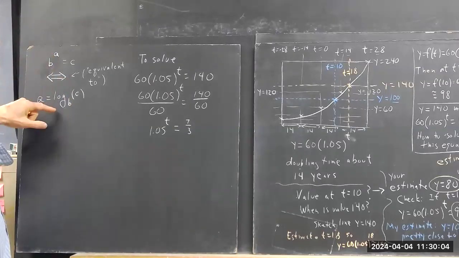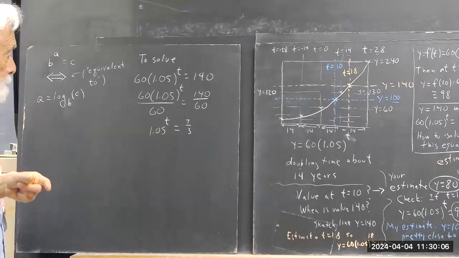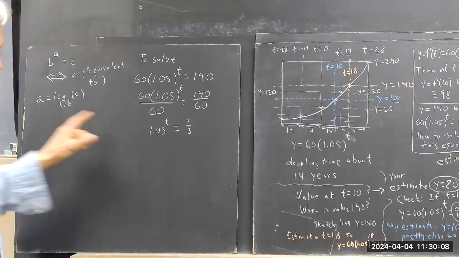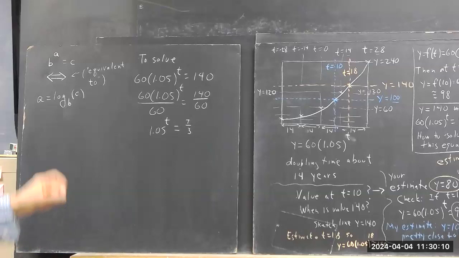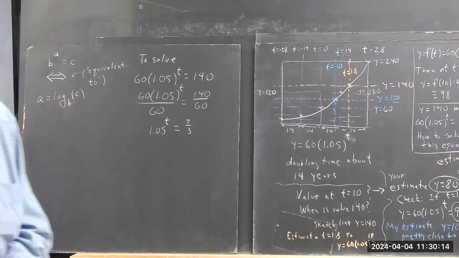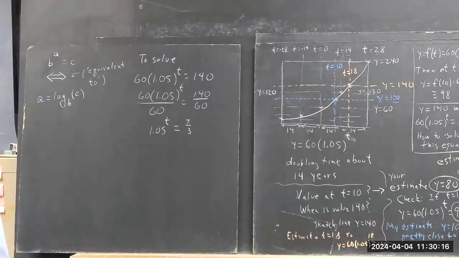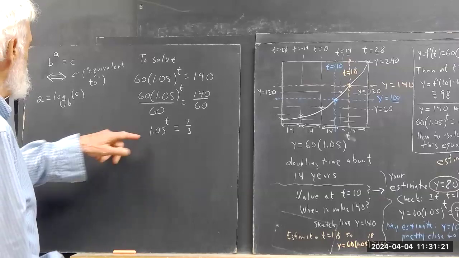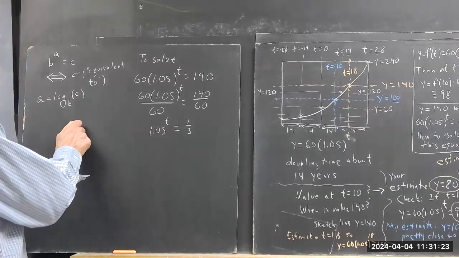You have this equivalence. So how would I rewrite this in this form? A is T, B is 1.05, C is 7/3, right? So rewrite the equation. Let me just see what you do. Okay, well, this is the form.